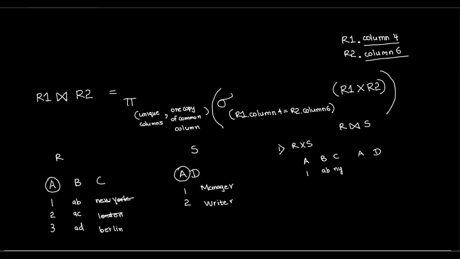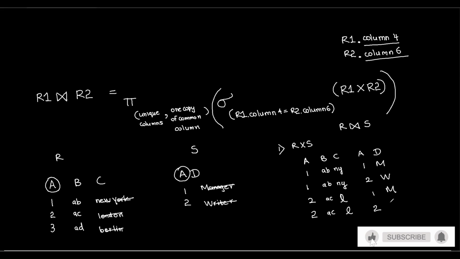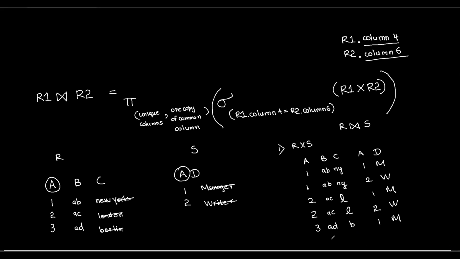Instead of London, I'm going to say L. Instead of Berlin, I'm going to say D. Instead of manager, I'm going to say capital M, and writer W. So we get 1 AB NY with 1 M, 1 AB NY with 2 W, 2 AC L with 1 M, 2 AC L with 2 W, 3 AD Berlin with 1 M, and 3 AD Berlin with 2 W. This was the first step.